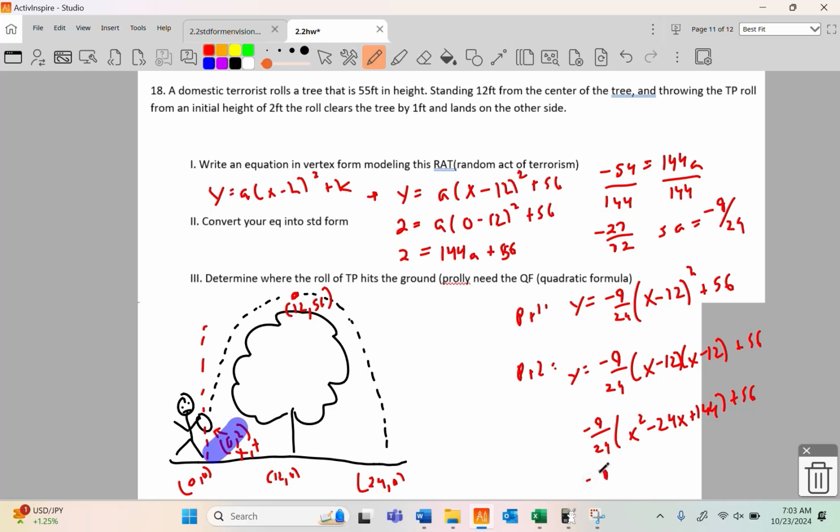Let's see, we'll have negative 9/24 of x squared. Here, the 24s cancel, so we're going to have plus 9x. Hopefully you understand that, the 24s cancel. And let's see here, I feel like this ought to be negative 54, but I'm tired. It makes sense that I'm going to get back a negative 54 here.